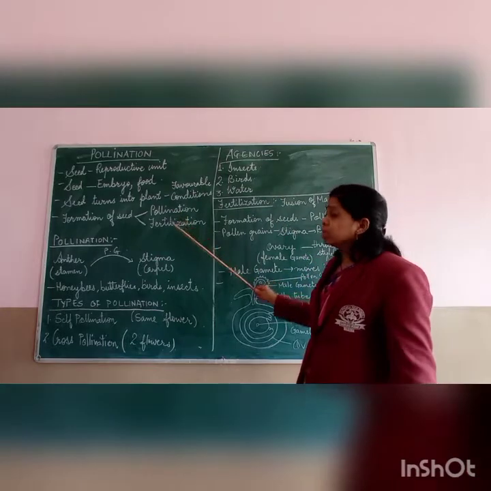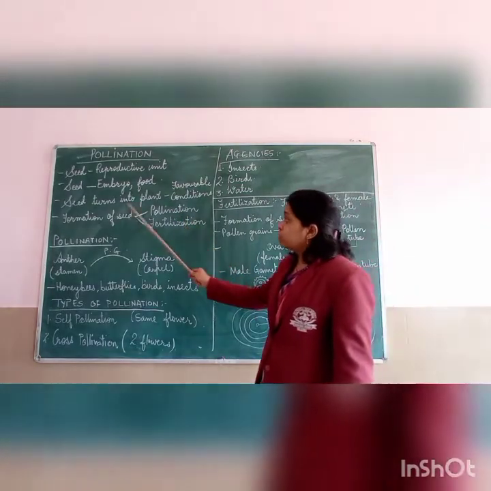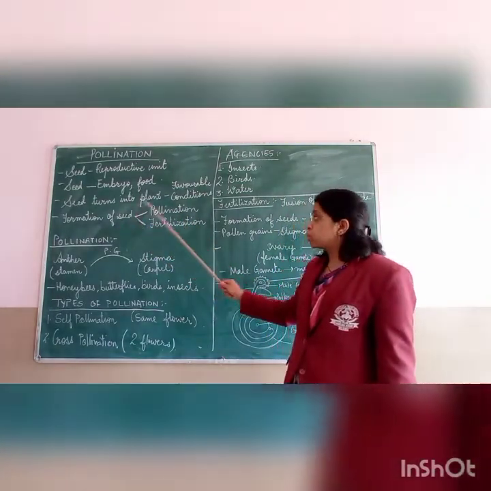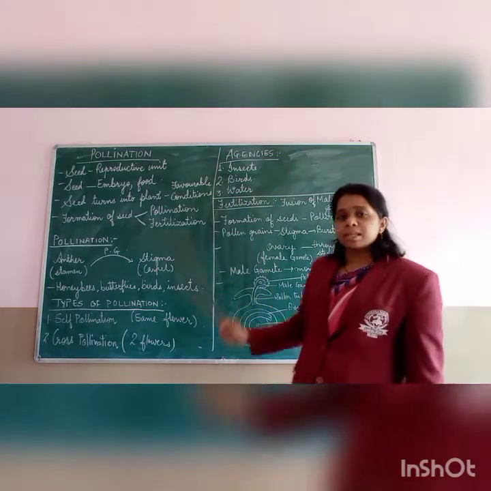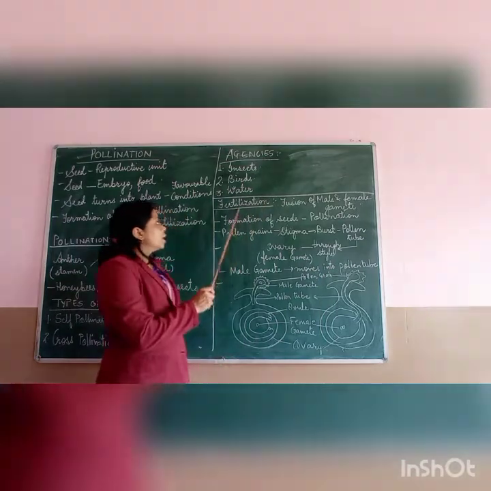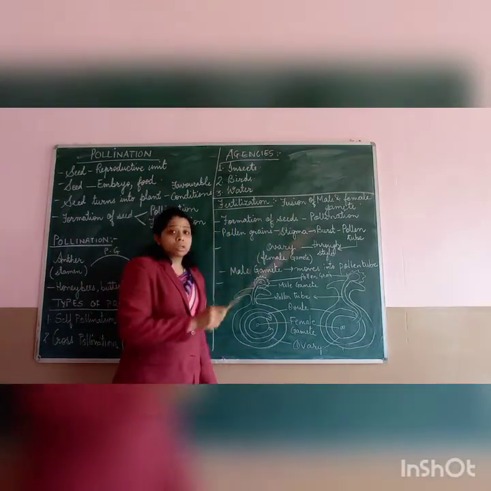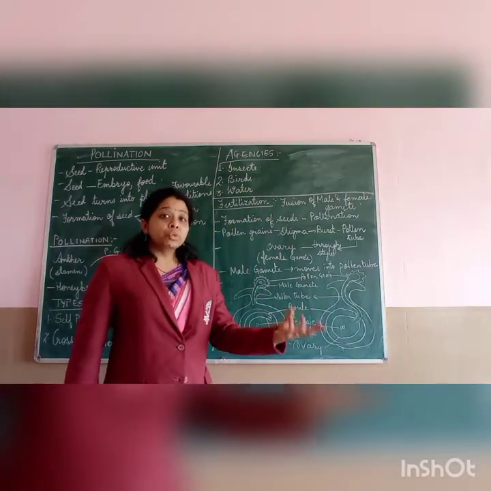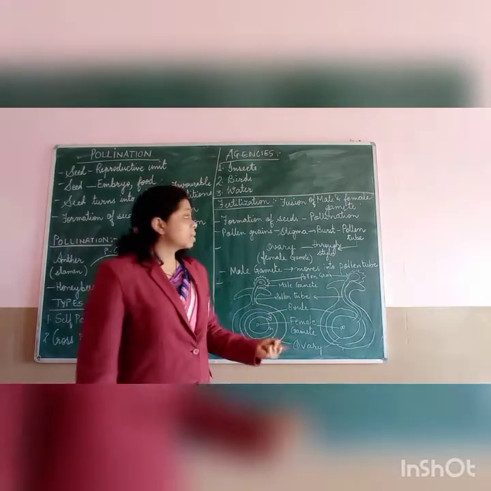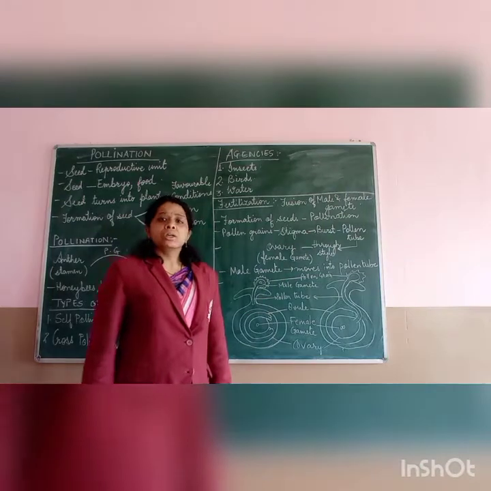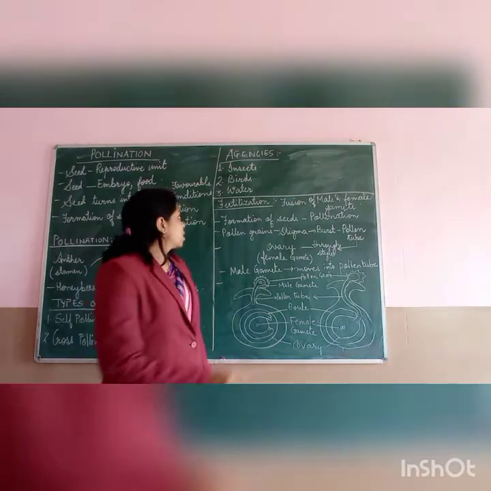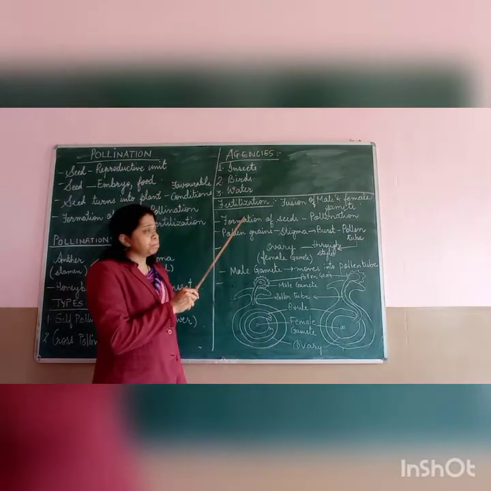Now we move on to the second step, where the formation of the seed takes place, which is nothing but fertilization. What is fertilization, children? Fertilization is basically fusion. Fusion means mixing. Mixing of the male gamete with the female gamete to form an embryo is nothing but fertilization.